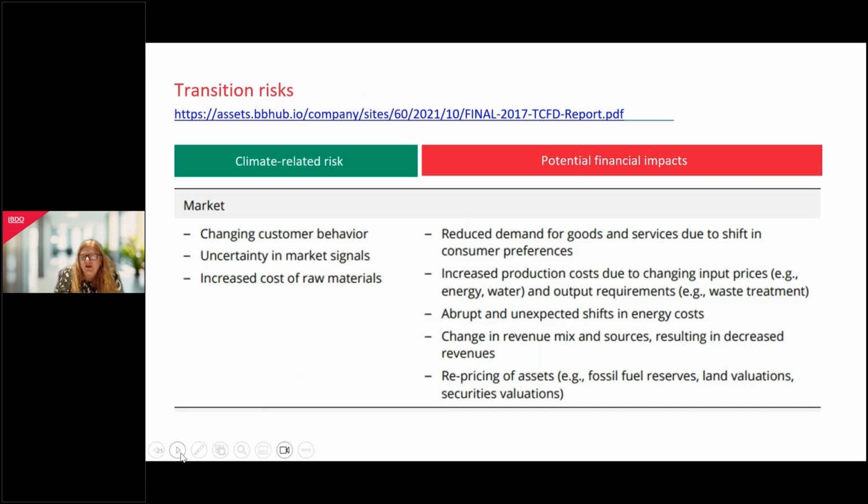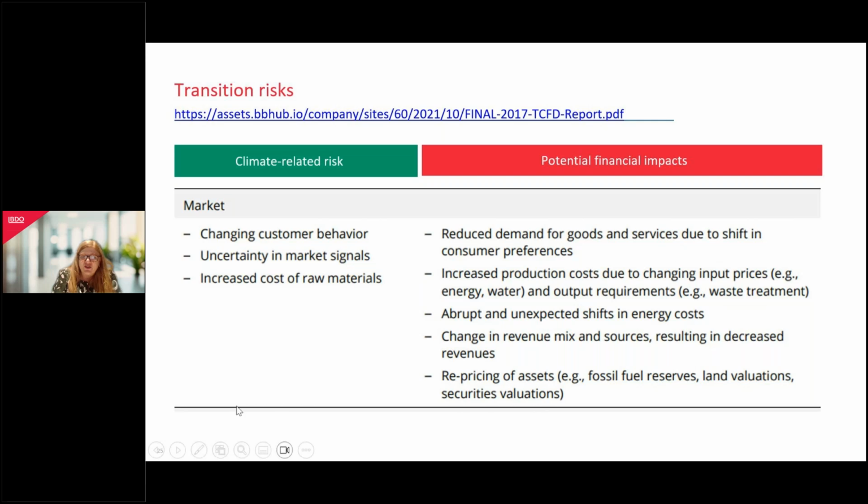If you look at market risks, again, how can we identify shifts in consumer preferences? We talked about waste. There was a specific call out around energy, water, and waste at a high level. So maybe we should monitor the costs associated with energy, water, and waste treatment. We could be worried about unexpected shifts in energy costs. So again, let's look at that.